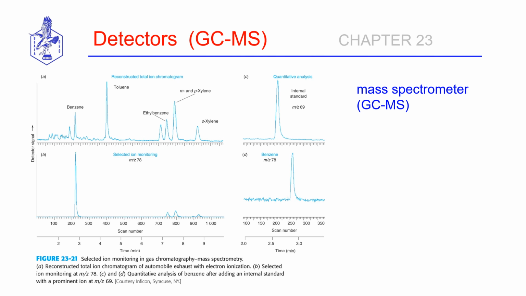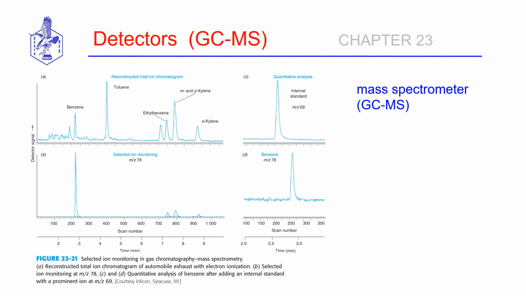When components come off the end of the column, we don't only know that something came off, we have the power to go in and record a full spectrum for that species and match that spectrum against the spectra of known compounds, and therefore we can get positive structural identification of the actual compound that came off at that point in time during the separation.